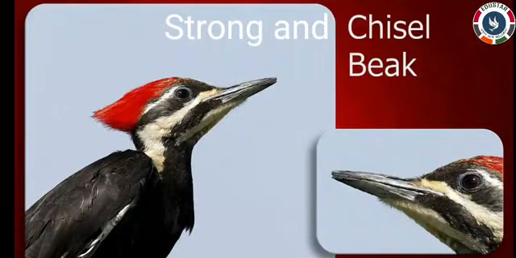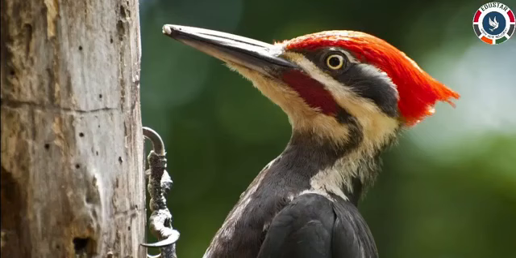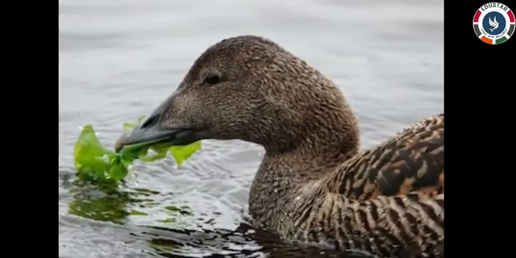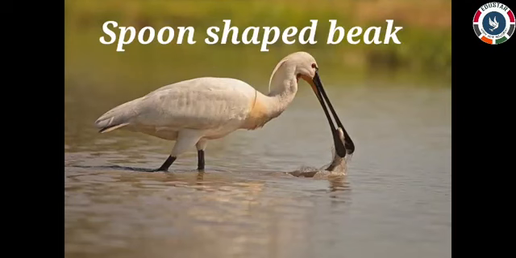Next, a strong and chisel-shaped beak helps birds to drill holes in tree trunks for making their nest and to pull out insects. Then, a broad and flat beak helps birds to eat worms and small plants. Next, a spoon-shaped beak helps the spoonbill to gather tadpoles and insects from water.